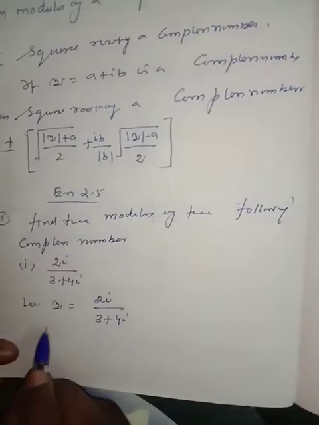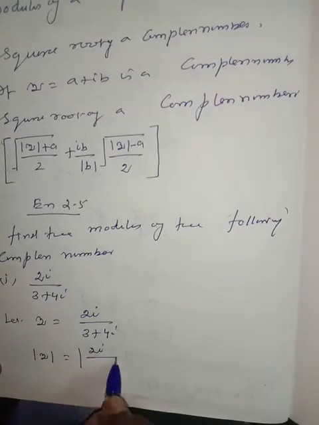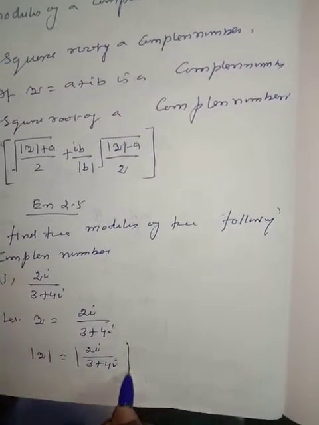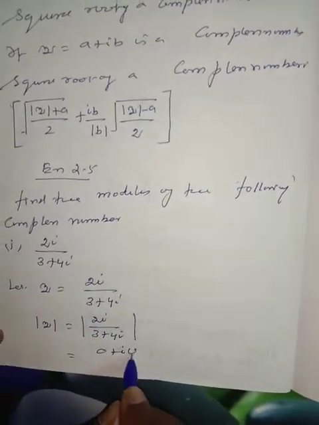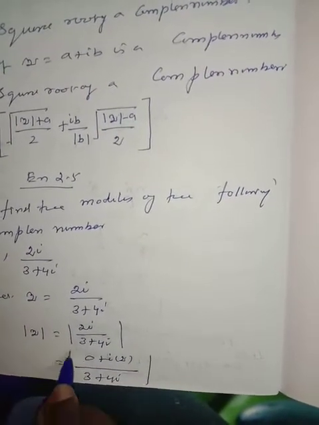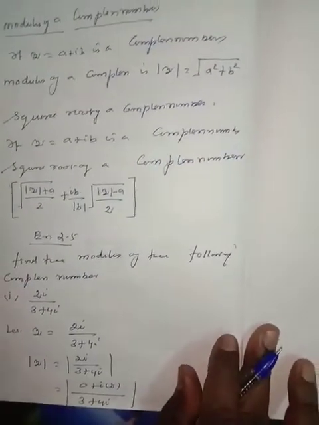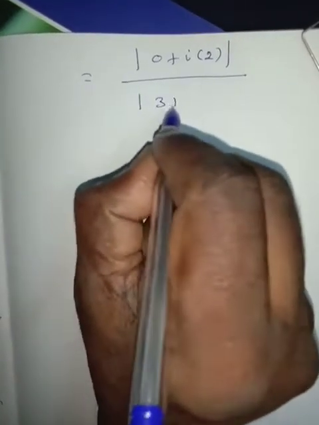Take modulus on both sides. |z| = |2i / (3 + 4i)|. The numerator can be written in the form 0 + i times 2, so this is the modulus of (0 + 2i) divided by the modulus of (3 + 4i).